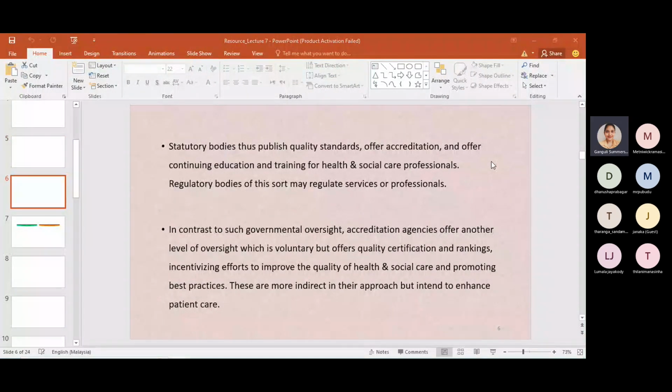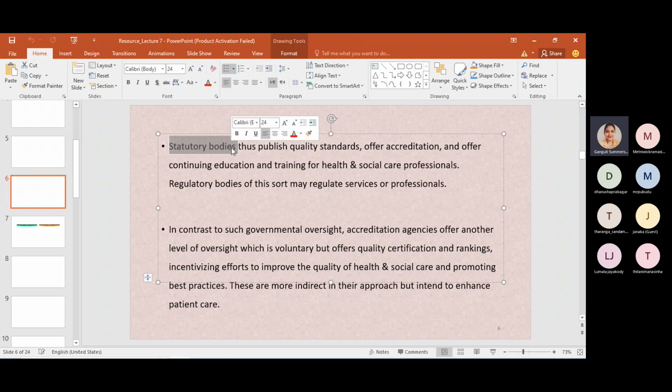So when it comes to regulatory bodies, there can be several types. Statutory bodies are one type of regulatory body.